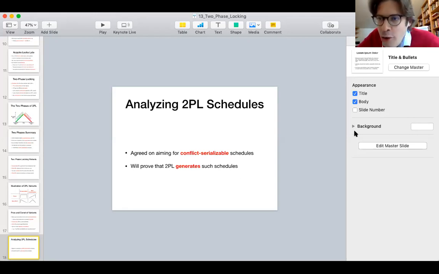And two schedules are conflict equivalent if you can get from one schedule to the other one by only swapping operations that do not conflict. And two operations conflict if they execute on the same object, if they belong to different transactions, and if one of those two operations, at least one, is a write operation.